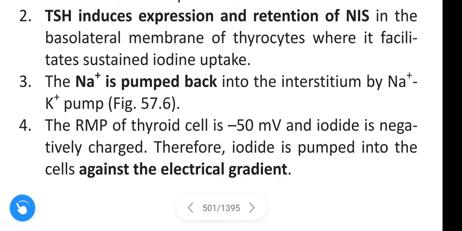The sodium ion is pumped back into the interstitium by the sodium-potassium pump.